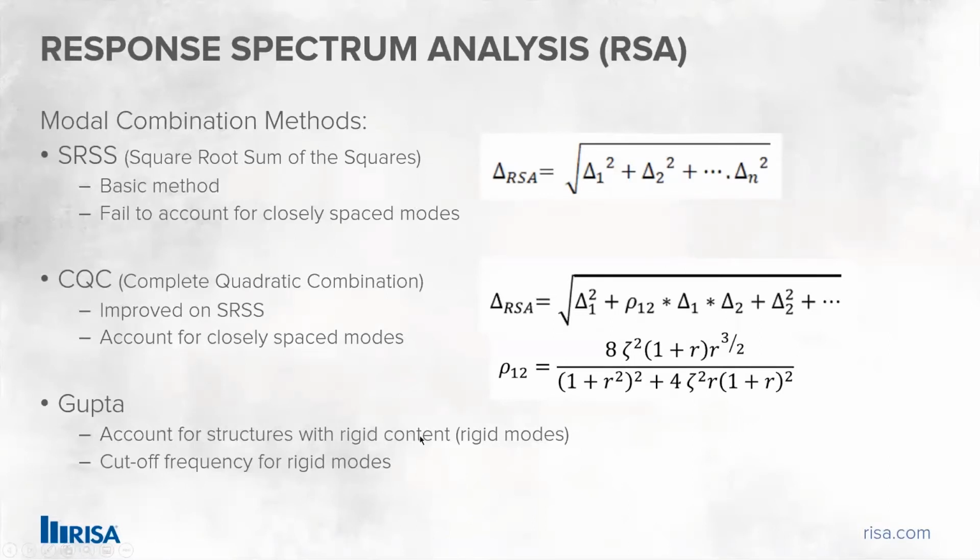These two are more advanced methods, and they each have their own advantages. For instance, the CQC can account for closely spaced modes because it has a weight factor in there. So depending on what type of structure you are doing, the engineer has to decide what method to use for their RSA.